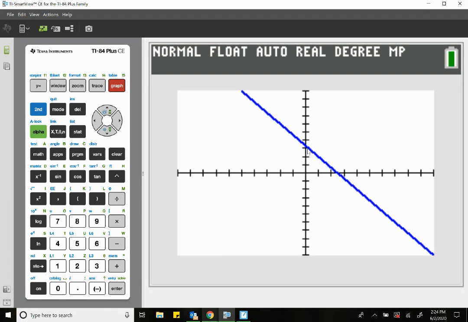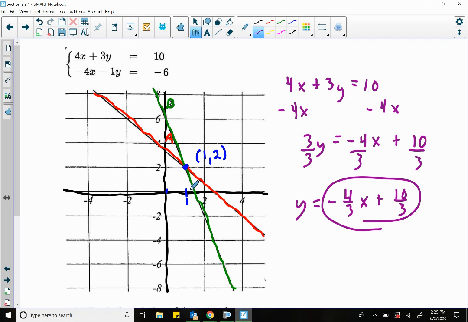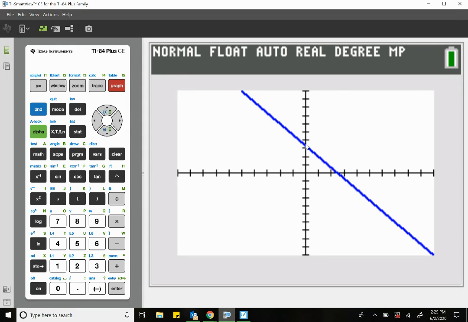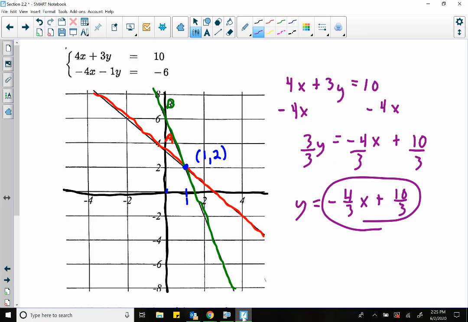It looks like it's right above the number 3. Or sorry, that's the y-intercept. Look at the x-intercept. It looks like it's between 2 and 3. So go back over here and look at the lines. I need an x-intercept between 2 and 3. Well, that would be right here. And then a y-intercept that's just above the 3. That looks like it's just above the 3 too. See how I'm looking at the features? Just above the 3 and just above the 2. The line that matches that is the red line.